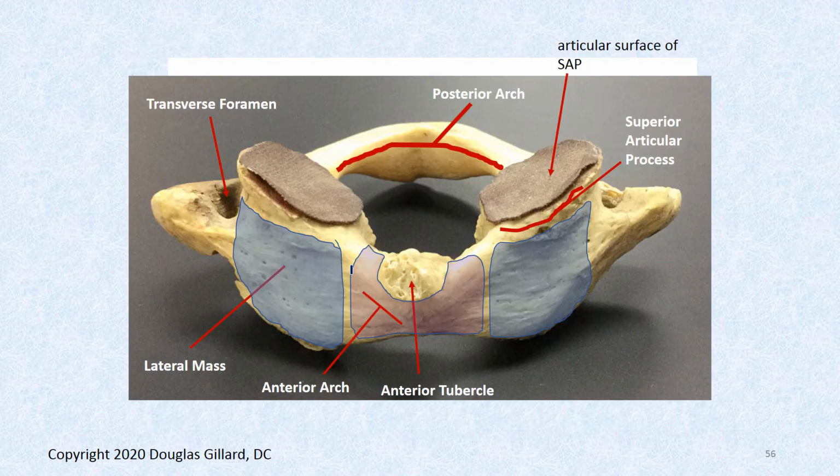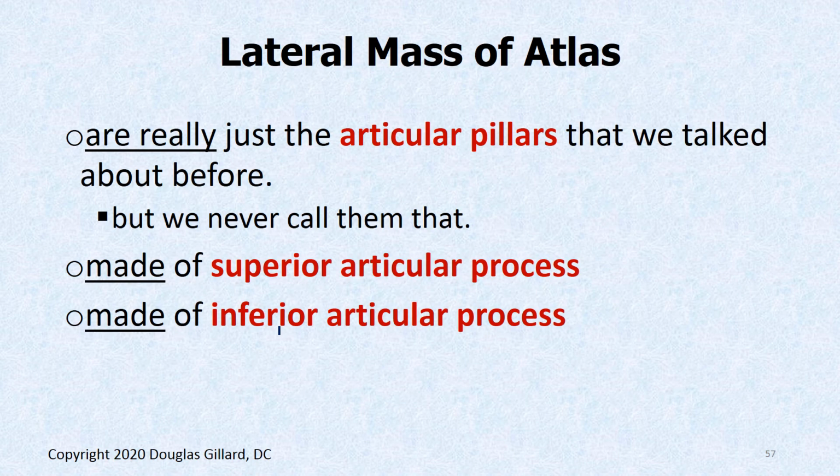Another view from the front. So this you could call lateral mass. You could still call it articular pillar. They tend to call this the lateral mass, though, even though it's more of a radiographic term. But it is the articular pillar because it's a pillar of bone, right? And it has two facets, a superior articular facet, inferior articular facet, which we can't see.